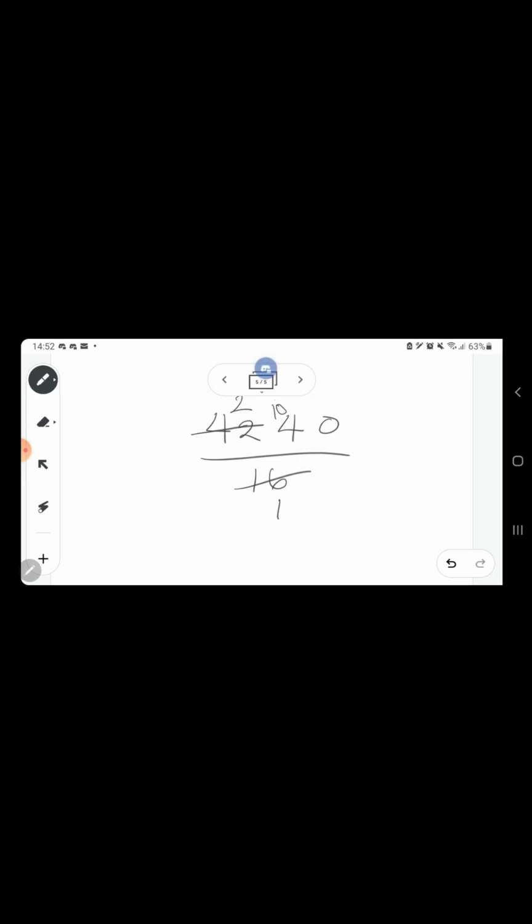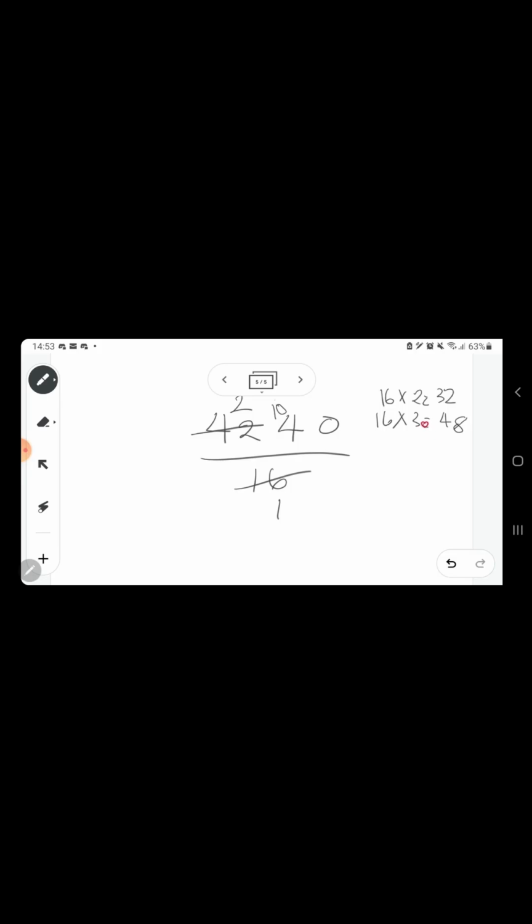Let me show you something I want to quickly pick out from there. 16 times 2 is 32. 16 times 3 is 48. Instead of me going back and saying 16 times 4 is this, 16 times 5 is that, why don't I say this?